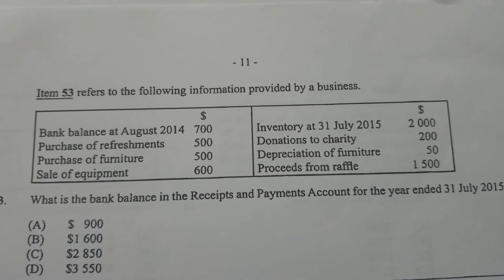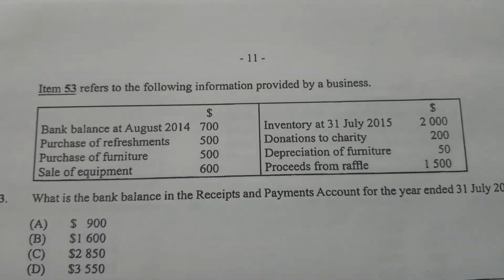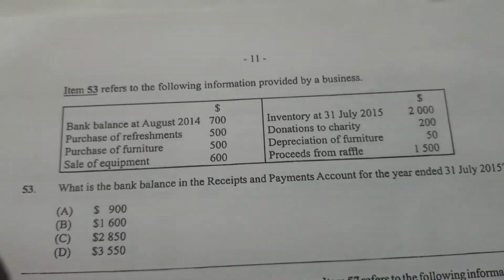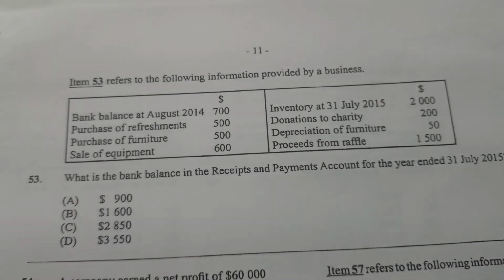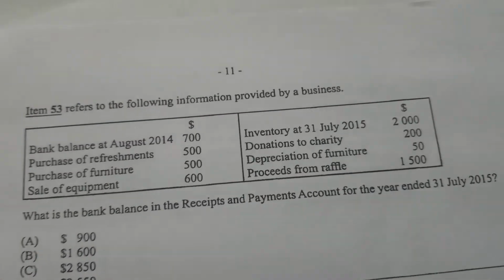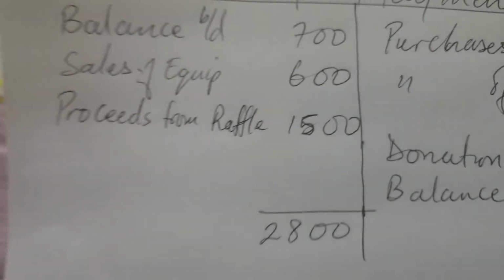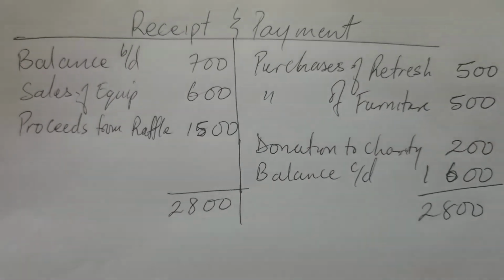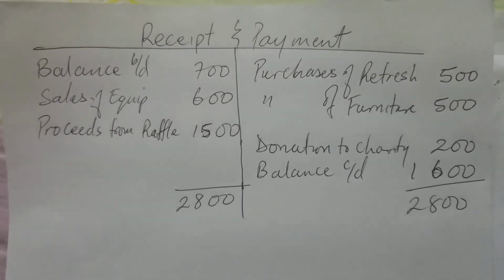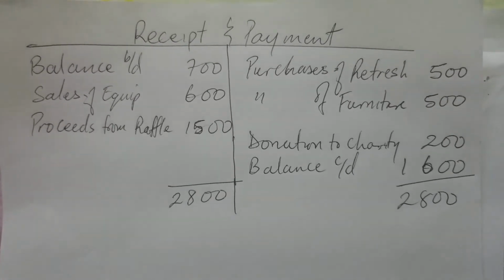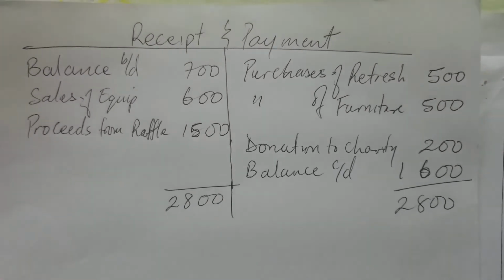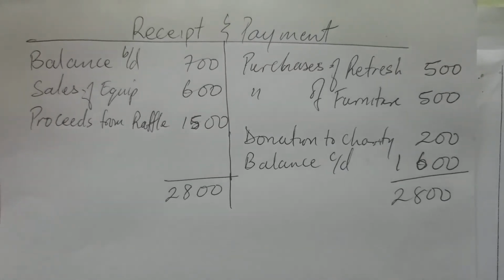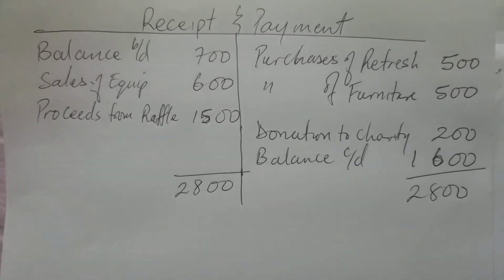All right, so item 53. Our answer for item 53, let's look at the workout now. This is it. The receipt and payment, we put in the opening balance, and so the answer would be $1,600.